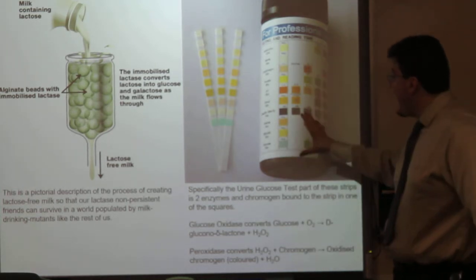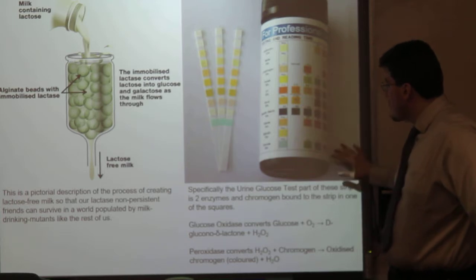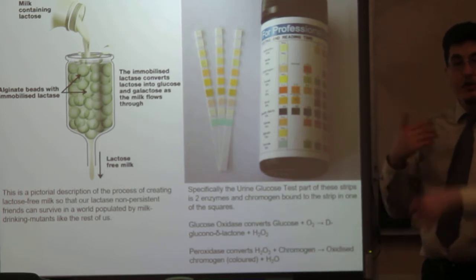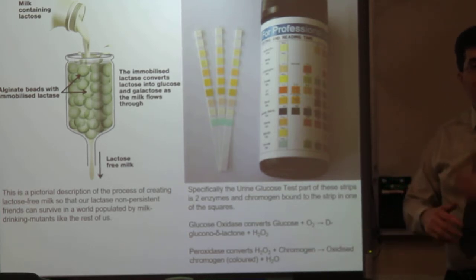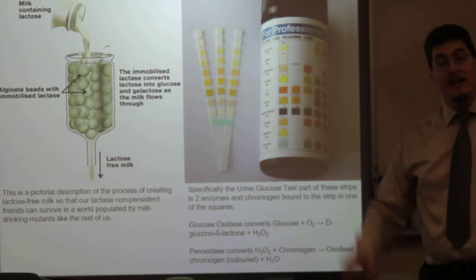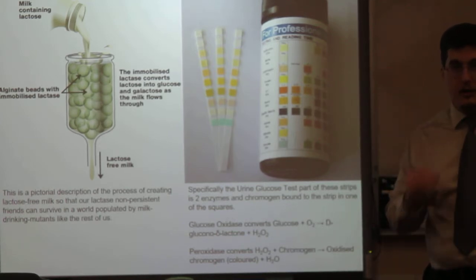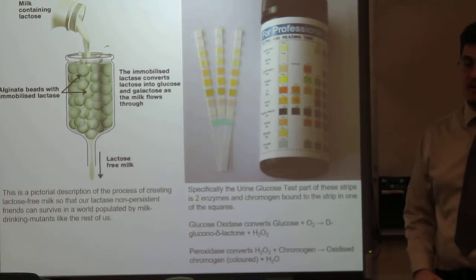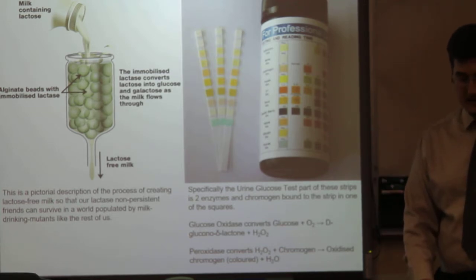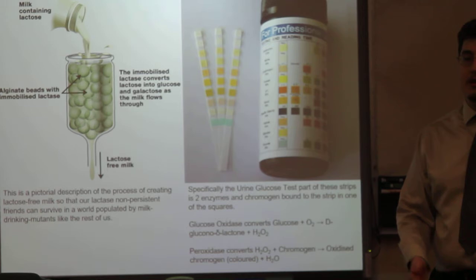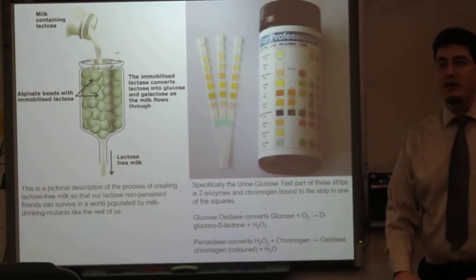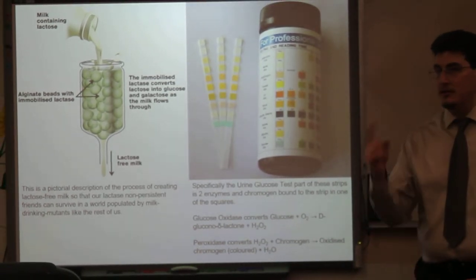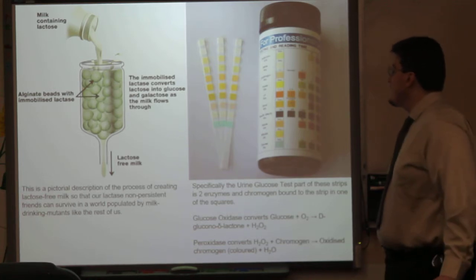And those compare to color-coordinated charts over here, which tells you what your level of glucose in the urine is. Ideally, it's 0. You should have no glucose in your urine. If you have any glucose in the urine, you probably have diabetes, or pre-diabetes, or something along those lines. You should probably work that thing out with your doctor. You've got some problems.